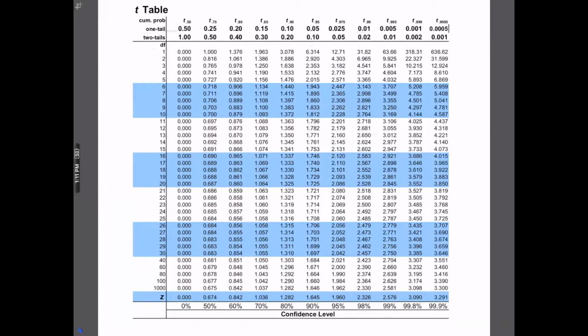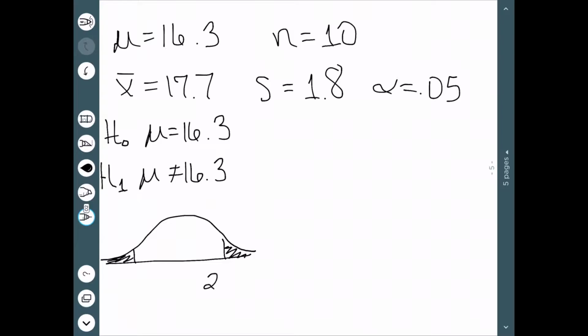Looking at our table, this is a two-tailed test. We said alpha was 0.05, and we had 9 degrees of freedom, so we go down to 9 to get 2.262. So we know our critical values are 2.262 and negative 2.262.